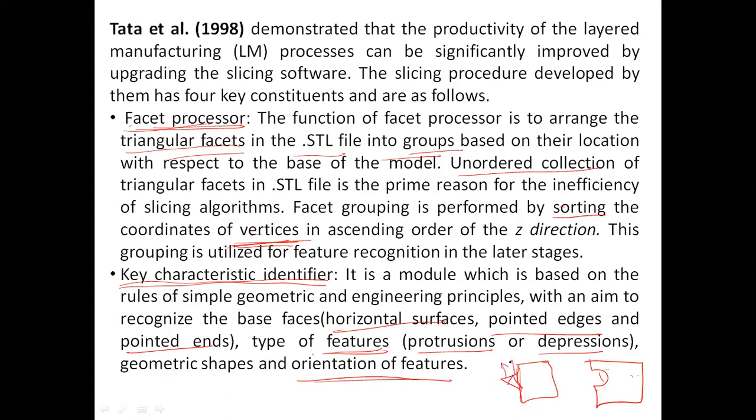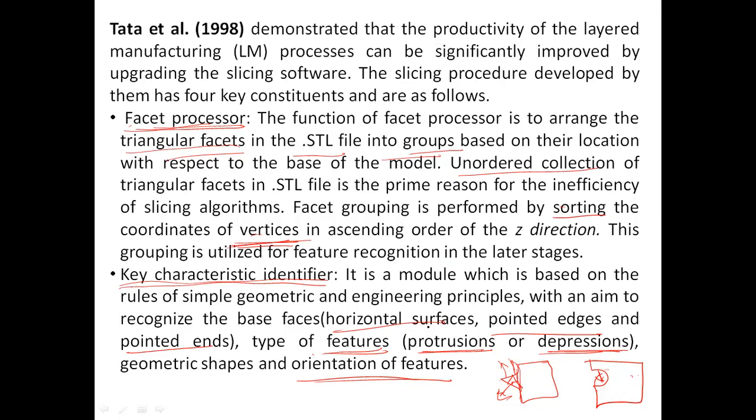Each triangle has its own surface normal. Based on the direction of the surface normal, the geometric features were identified. If the surface normal is pointing outwards, then it's a protrusion, and if it is pointing inwards, then it is a depression. So based on these characteristic features, you were able to identify the main characteristics of that CAD model.